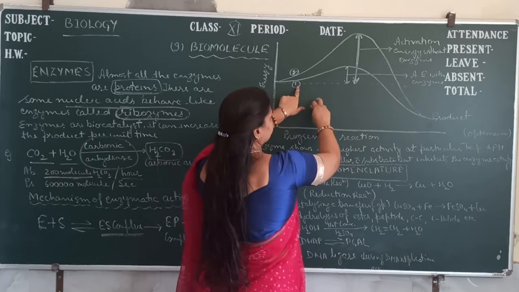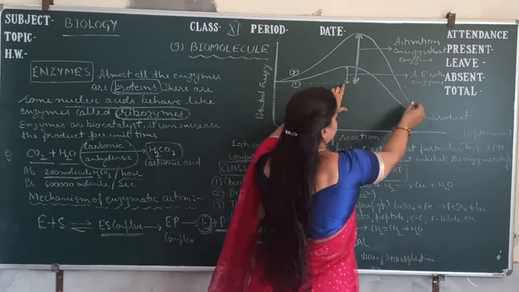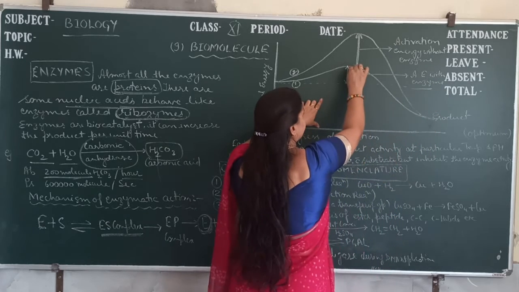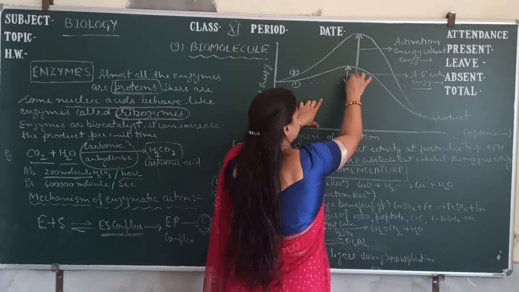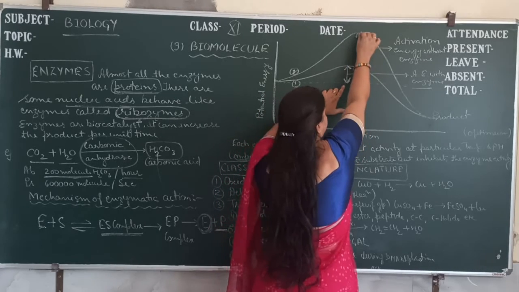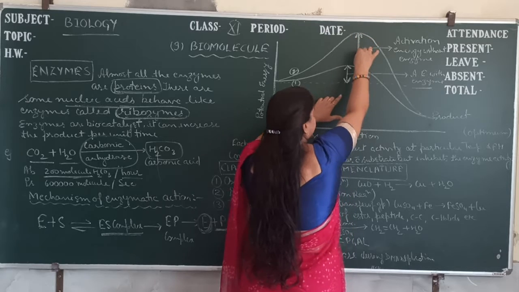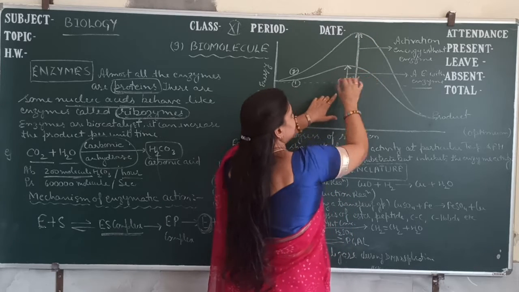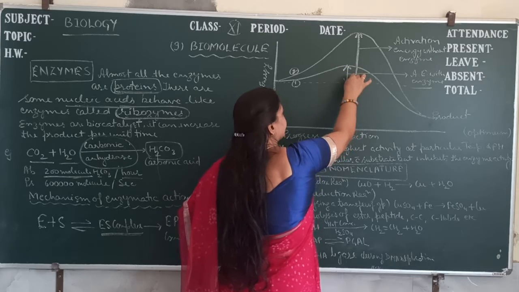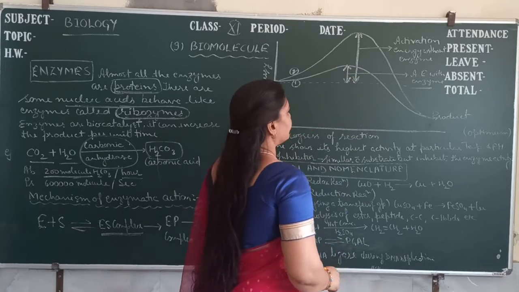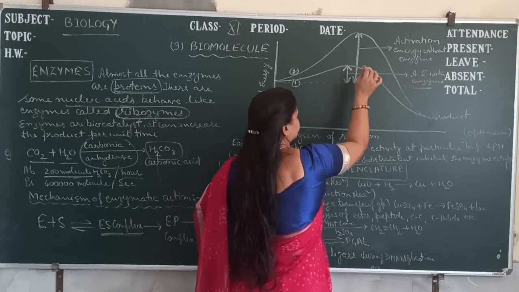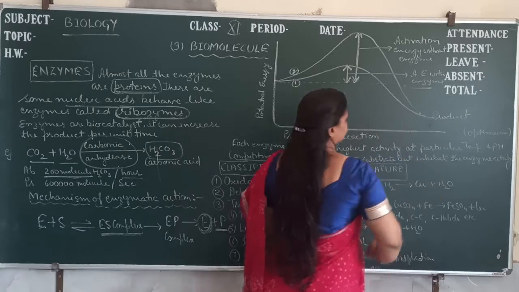But in the first graph, the activation energy with the help of enzyme is very low in comparison to without enzyme. So without enzyme the reaction needs a high amount of energy, but with the help of enzyme, the reaction needs less energy. And with less energy or large energy, the product is similar.